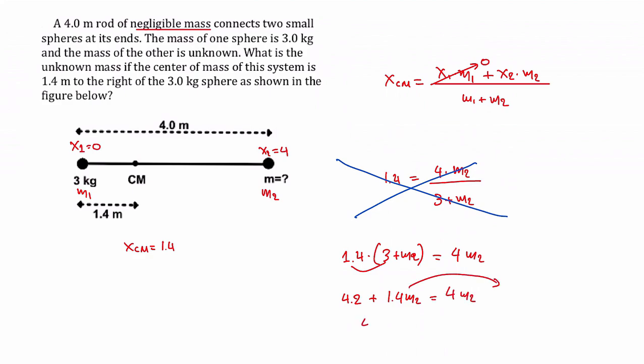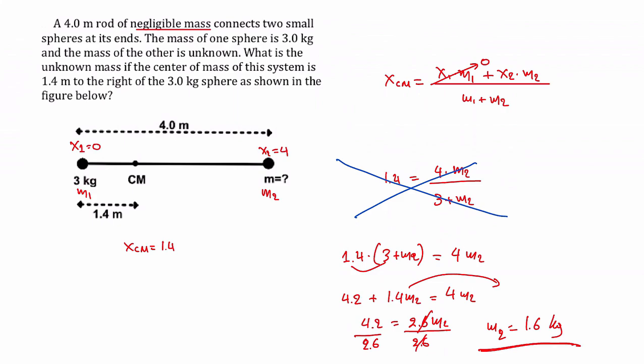Taking the 1.4 m2 to the other side, 4 m2 minus 1.4 m2 is 2.6 m2, and dividing by 2.6 on both sides, we find that m2 is approximately 1.6 kilograms.